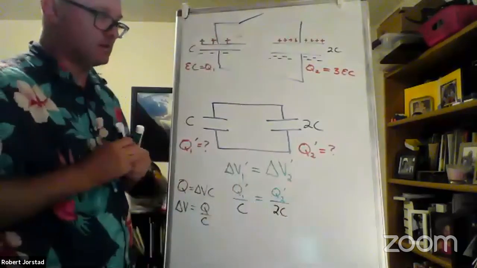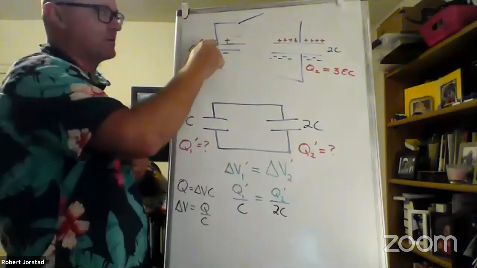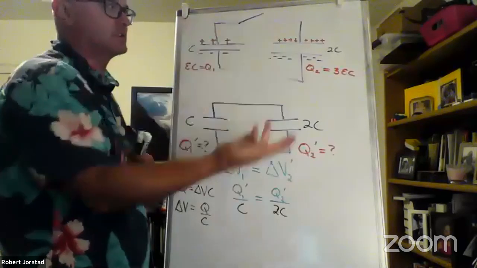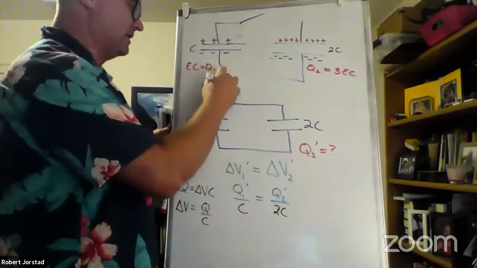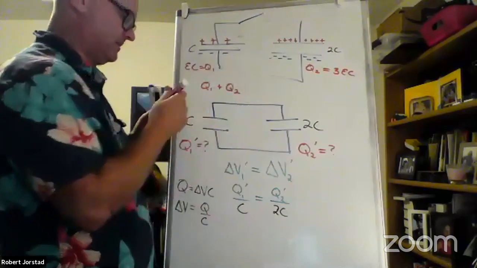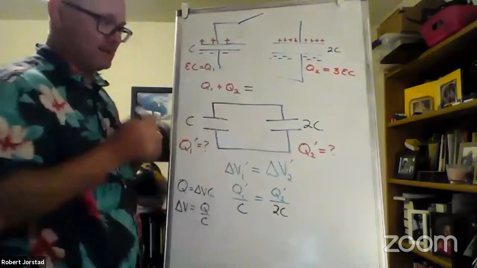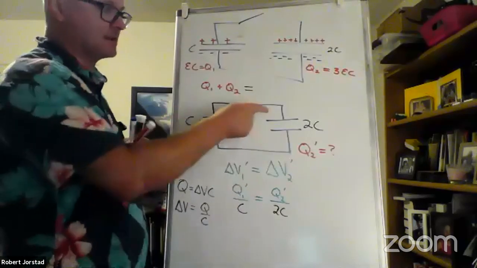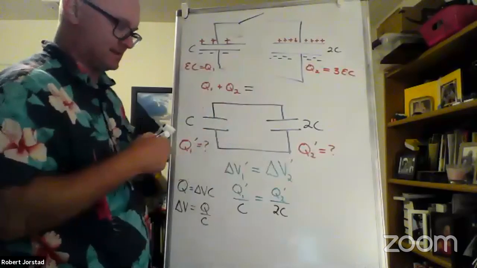We also know, just like I said before, the symbols really help me. If I have 3 plus symbols and 9 over here, I know the total is 12. Well, that's a fancy way of saying Q1 plus Q2, that's the total amount of charge, should equal the final amount of charge. Why? Because they're connected plus to plus, and there's no way for the minuses to cancel either of the excess pluses.